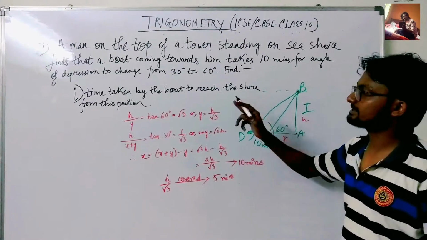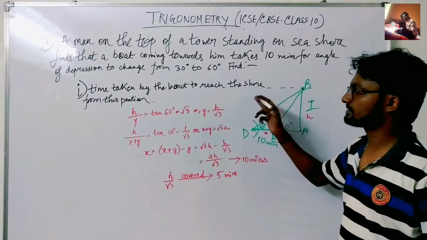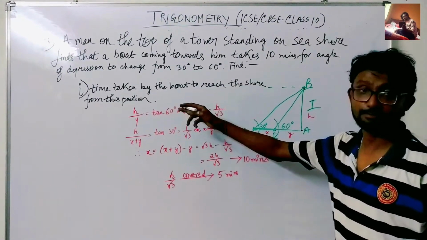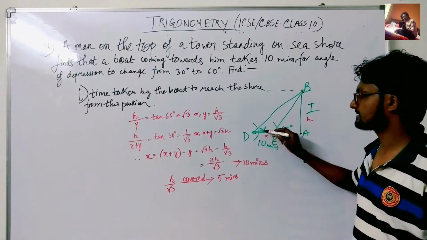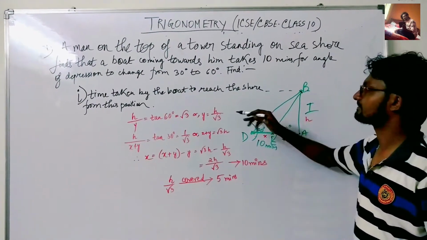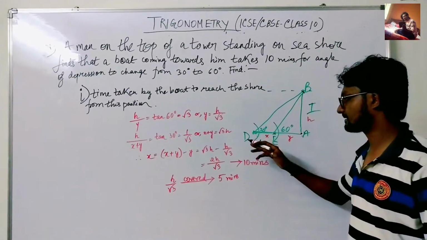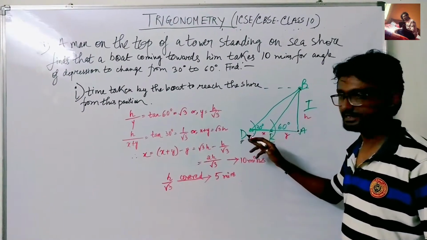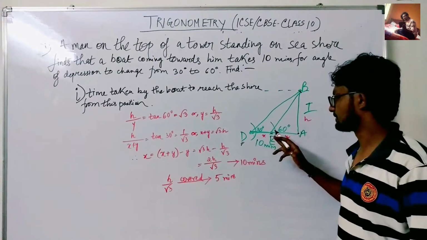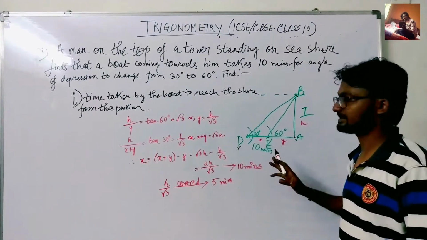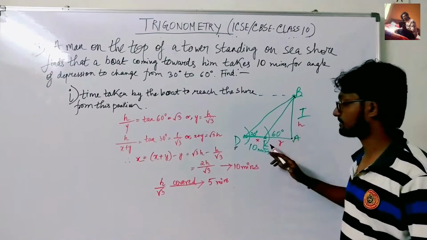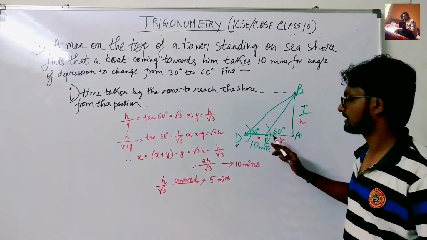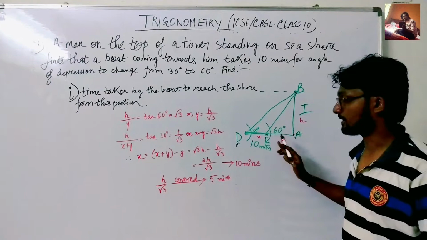The next part is the time taken by the boat to reach the shore from this position. The boat comes from point D to point E, so we have to find the time needed to reach A from E. A is the shore and E is the point.